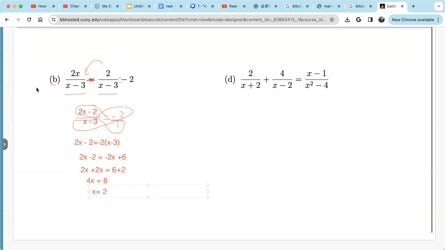Okay. Now, this one, let's figure out the least common denominator. Obviously, the least common denominator is just x plus 2 times x minus 2, because x squared minus 4 is exactly that, x plus 2 times x minus 2, the difference of two squares, right?